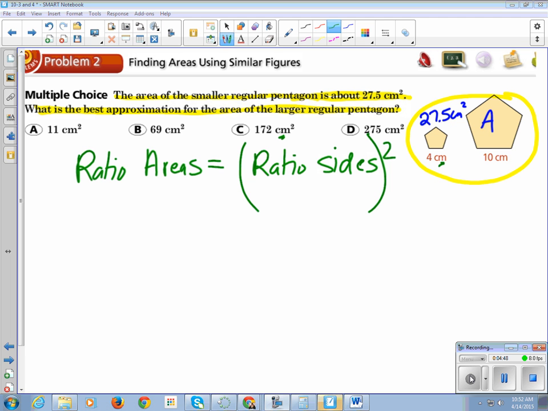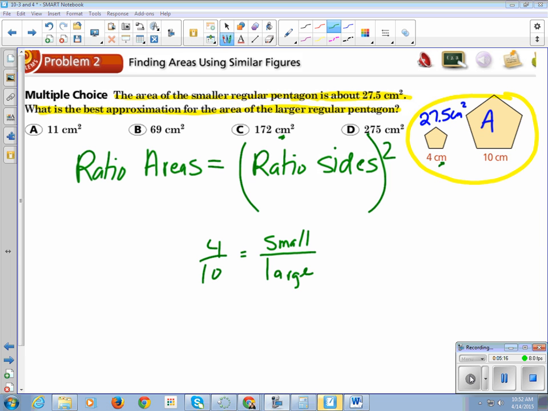If I'm going from sides to areas, I want to make sure I'm squaring it. So I'm going to take my side ratio, small over large. The small one is 4, the large one is 10.